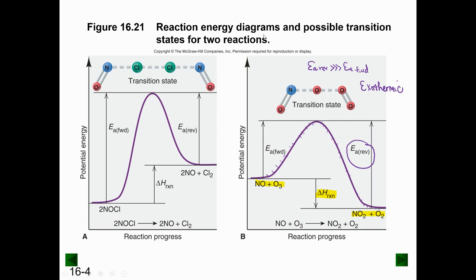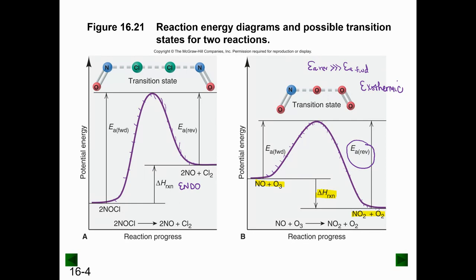Okay, the first diagram's the other way around, which is that this is a reaction that's endothermic, heat requiring. So there's a very large activation energy going forward. You get some of it back, but you still have this net energy you have to put in.